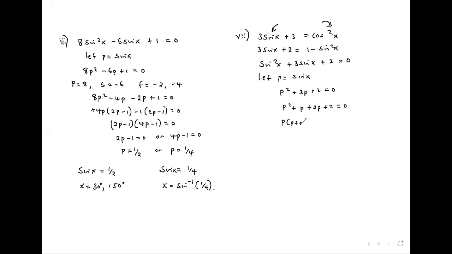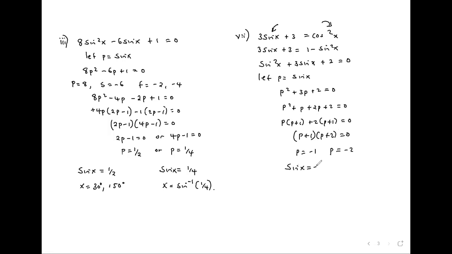So p plus 1, p plus 2 is 0. So p is equal to -1, p is equal to -2.